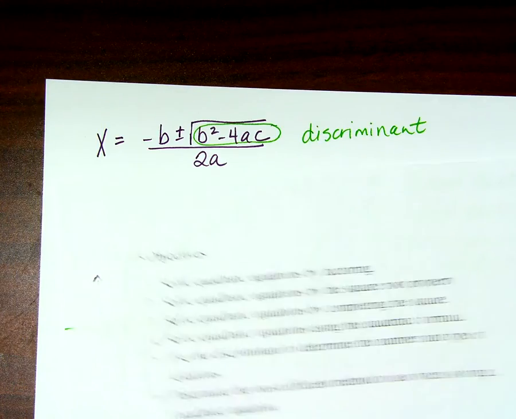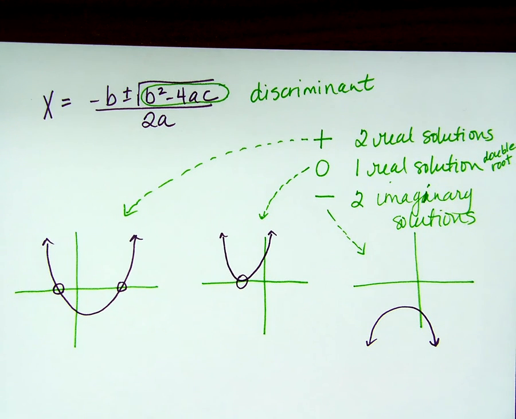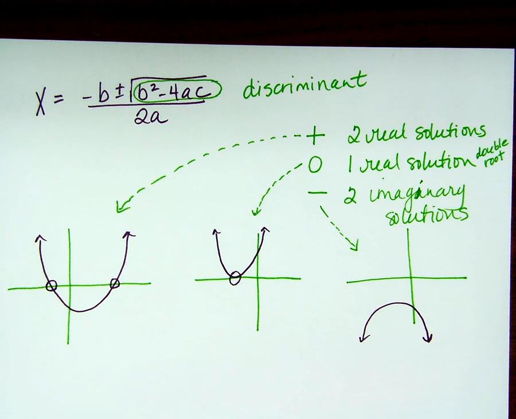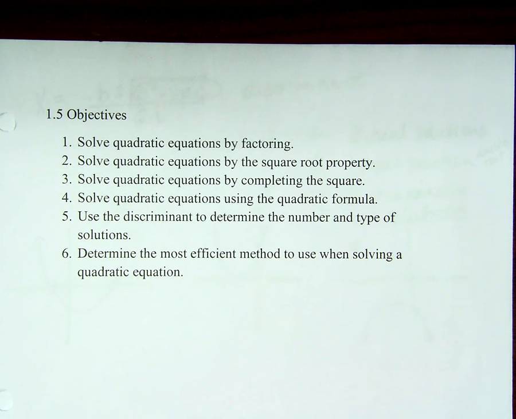Okay? And then everything else we can do with quadratic formula. Because it's not the easiest or the quickest way, but it definitely works every single time, doesn't it? Real solutions or imaginary solutions, it can work every single time. Okay? You feel comfortable with these objectives for today?